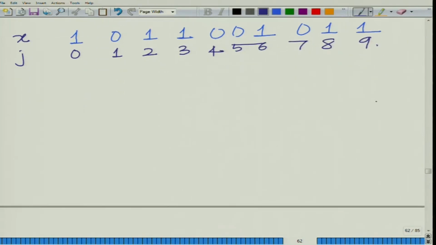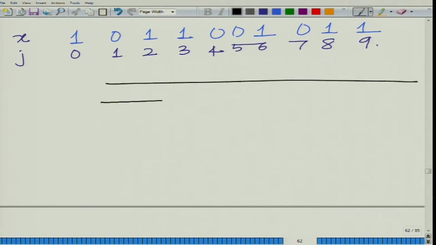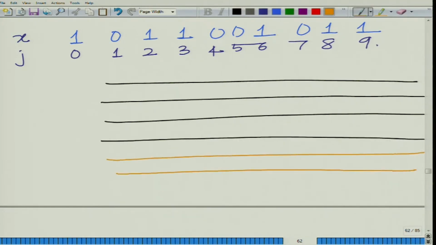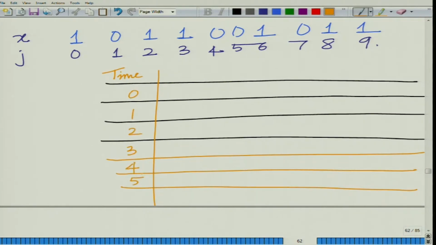Now let us represent the generated code. So I am going to draw now a table. It is convenient to think of this as a table, at least initially, correct? Okay, so let us look at time 0 1 2 3 4 5.